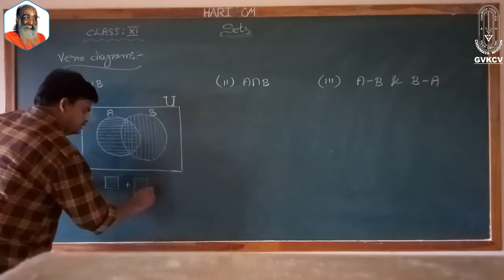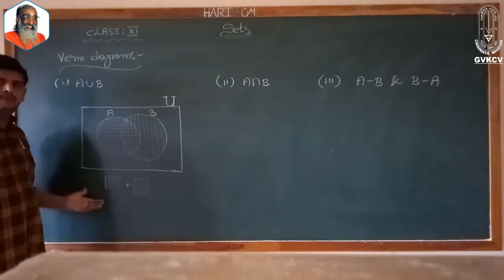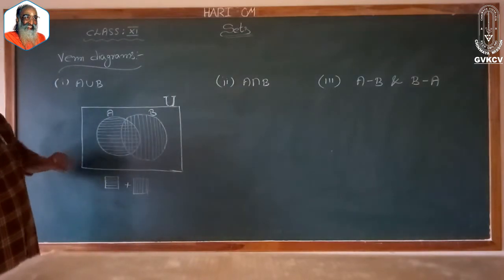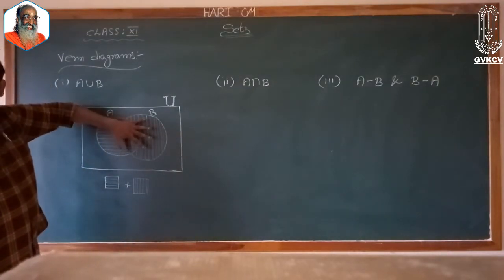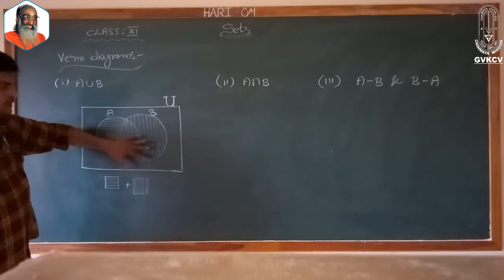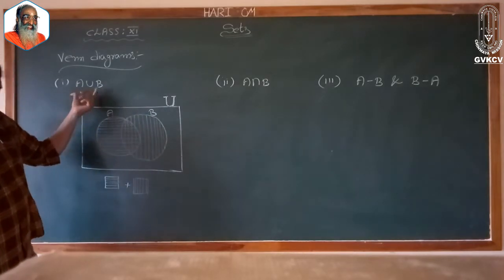All together we need to combine both. So this entire portion is nothing but A union B. This total shaded portion gives us A union B.